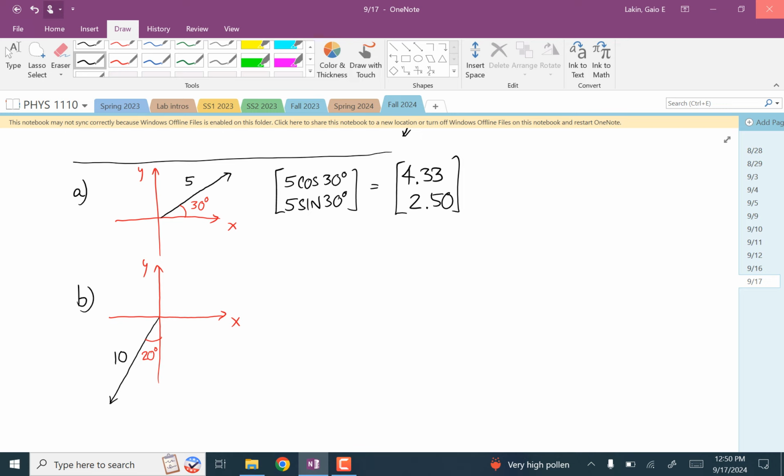So it's 180 plus another 70, so 250 degrees. So if we start at the x-axis and go around counterclockwise, it's 250 degrees.